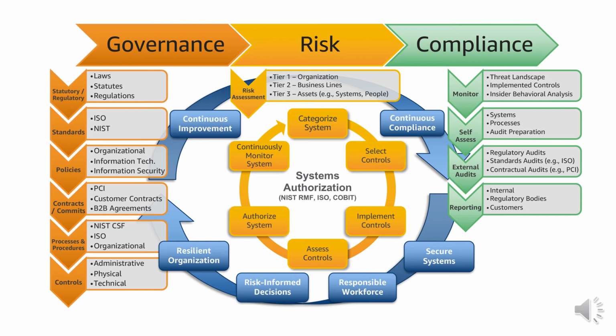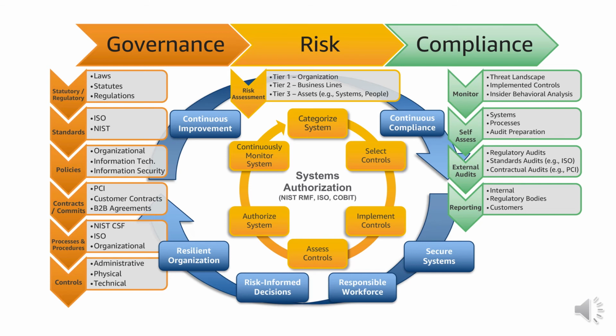And the continuous compliance, continuous improvement is there by following the secure system, responsible workforce, risk-informed decisions, and resilient organization. There are 4 main components: monitoring, self-assess, external audits, and reporting. The monitoring is happening to make sure of threat landscape, implemented controls, and insider behavioral analysis.